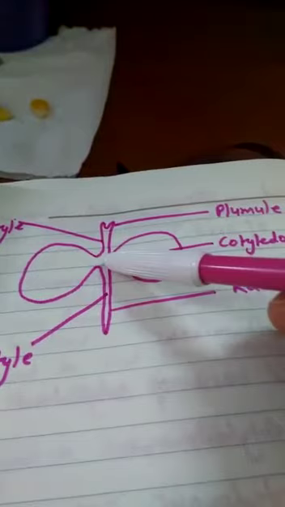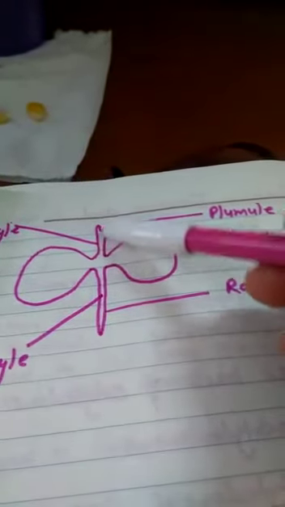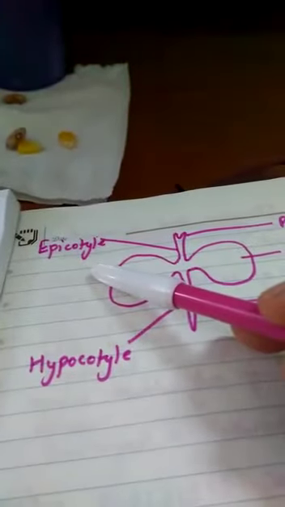The portion above the point where the cotyledons are attached to this axis is known as the epicotyl. This part is known as the plumule.